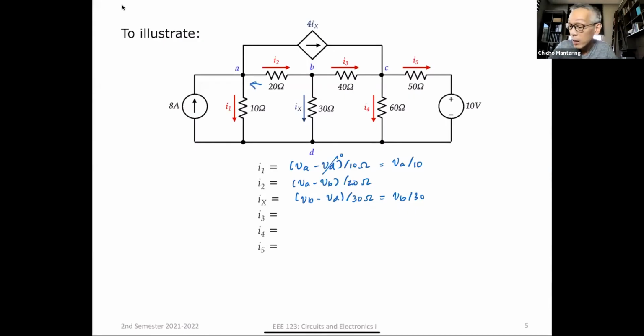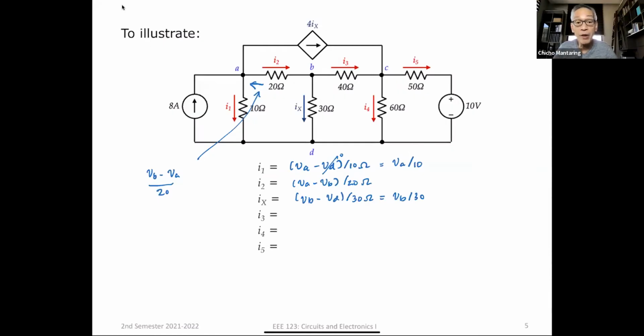If the direction of current were from right to left, I2 would be VB minus VA over 20. But that's okay, because when we do our KVL, the polarity of the voltage would be opposite, and you're going to get exactly the same result. So it depends on your assumed direction of current.